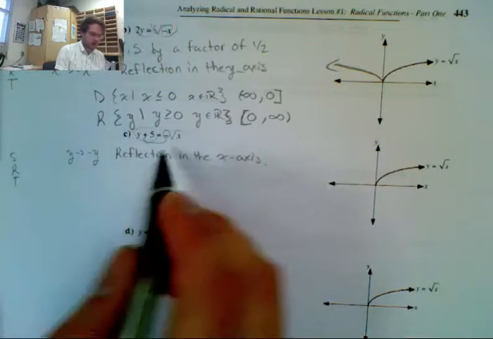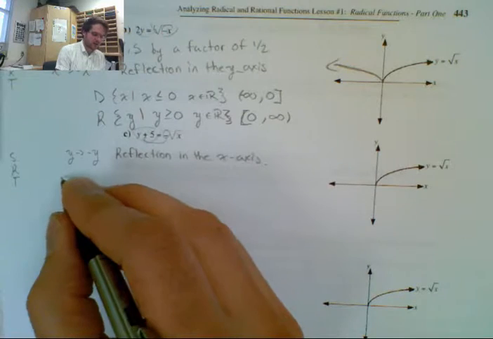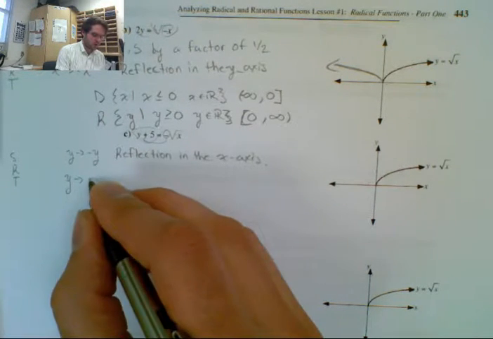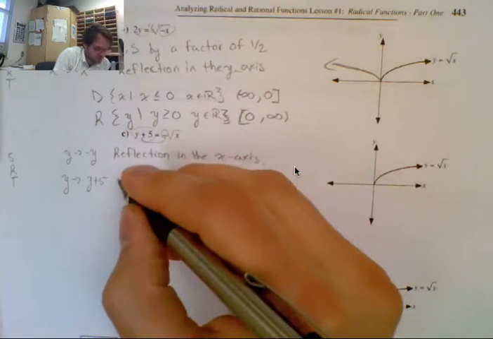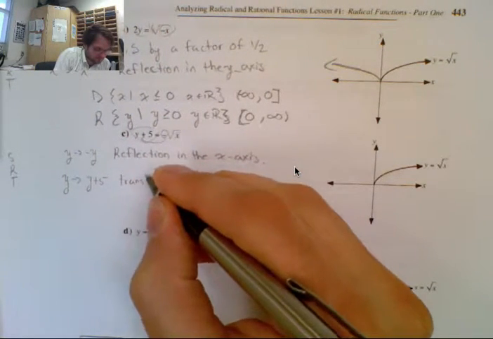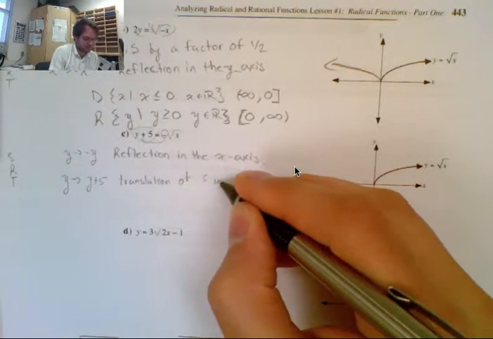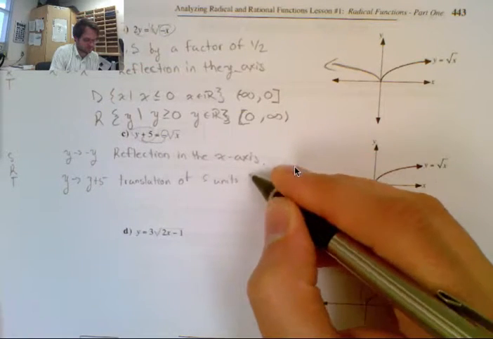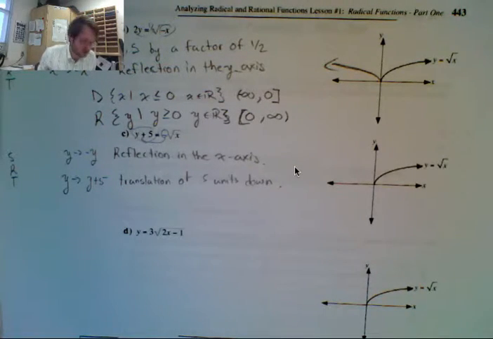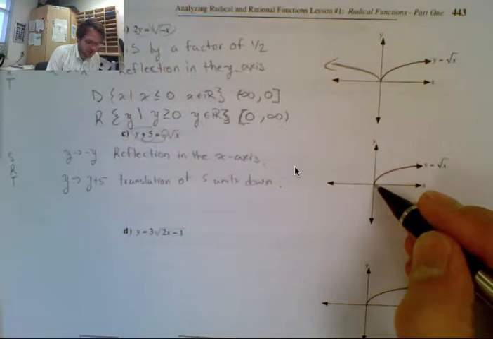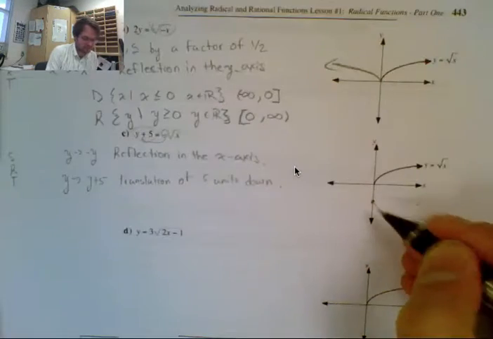Are there no more reflections in the y? So now we have our translation. So I know y is replaced with y plus 5. This gives me a translation of 5 units down. So basically if I was to redraw this, first I have a reflection, and then we're translated 5 units down, so it's going to look like that.